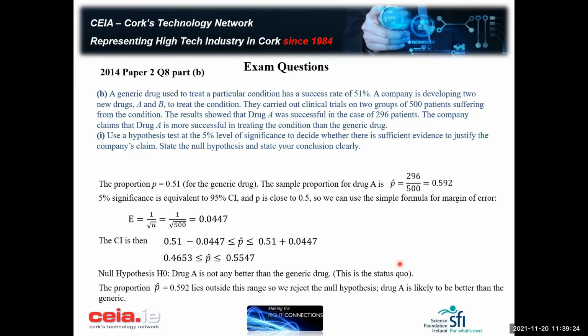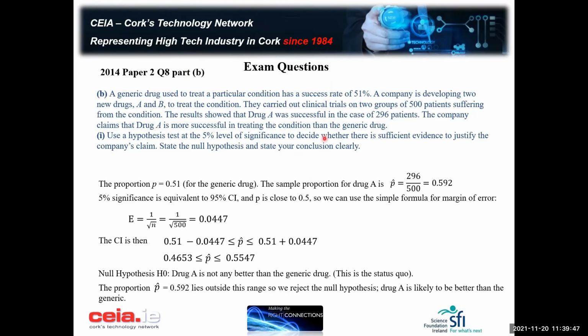Okay, so let's move back to 2014, paper 2. And here straight away, again, you should try to classify the question and what kind of problem it is. You see a success rate of 51%. 51% is a proportion. We're dealing with proportions here.